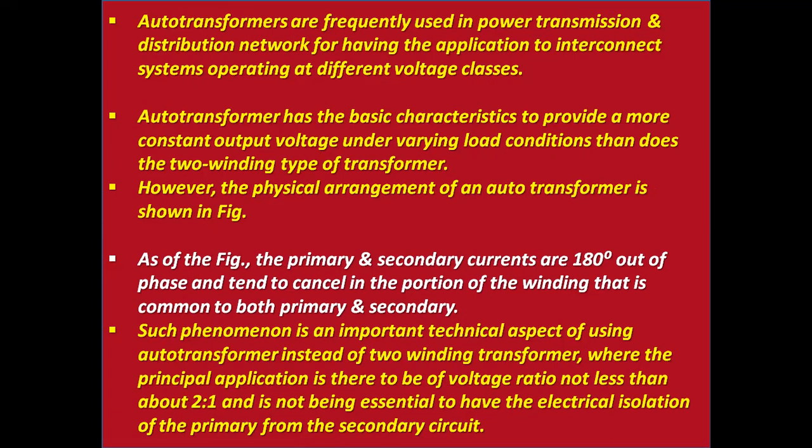Such a phenomenon is an important technical aspect of using an autotransformer instead of a two-winding transformer, where the principal application is a voltage ratio not more than about 2 to 1, and it is not essential to have electrical isolation of the primary from the secondary circuit.